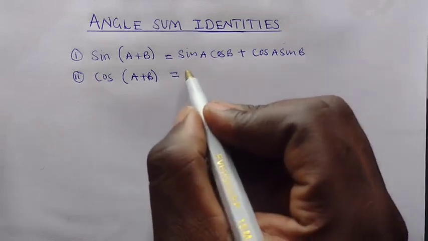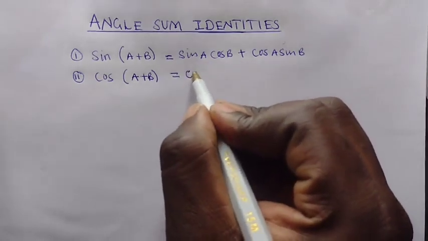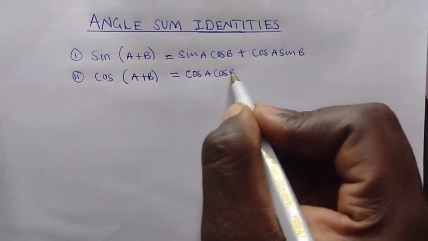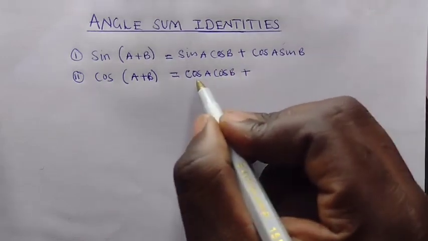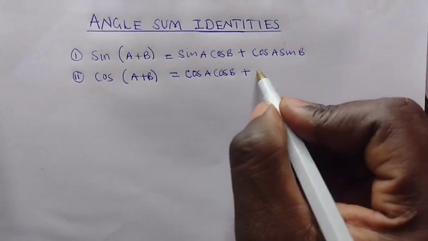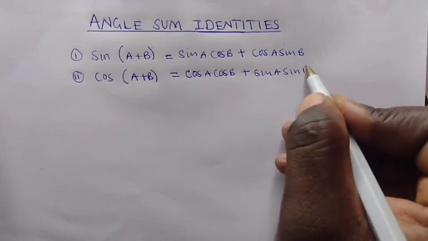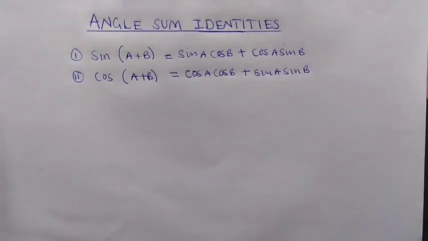So this one will be expanded as cos A cos B plus, here we get sine A sine B. So this is the other identity.